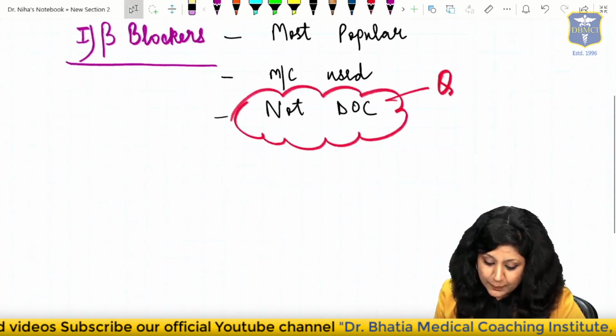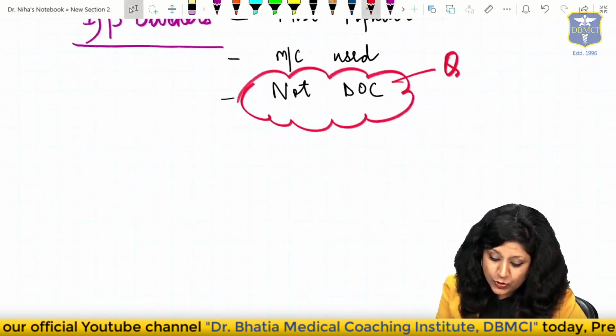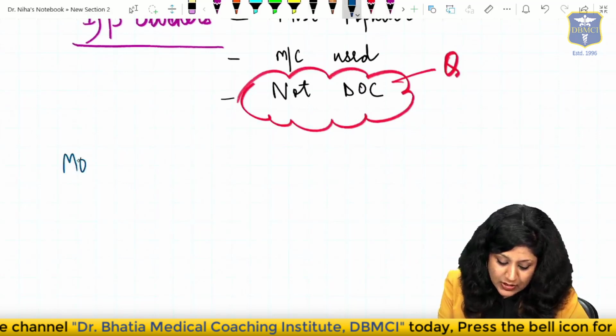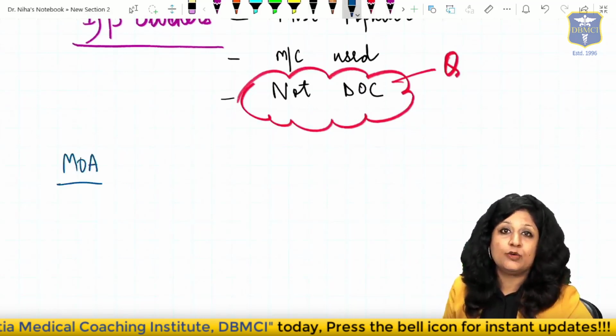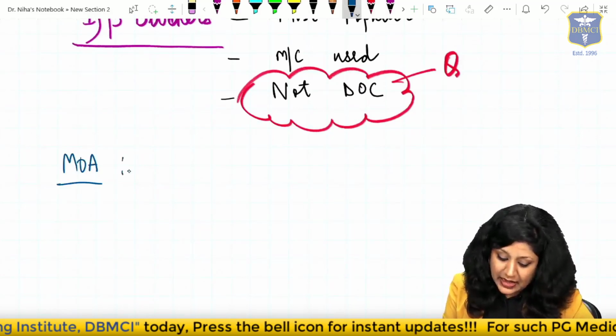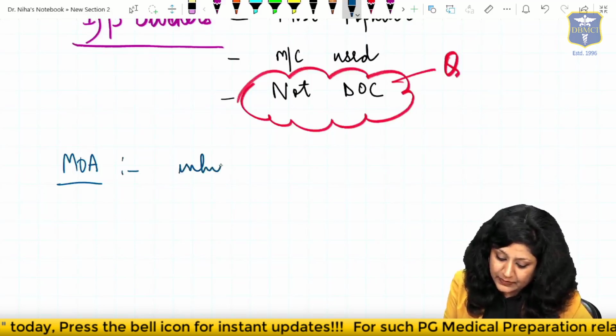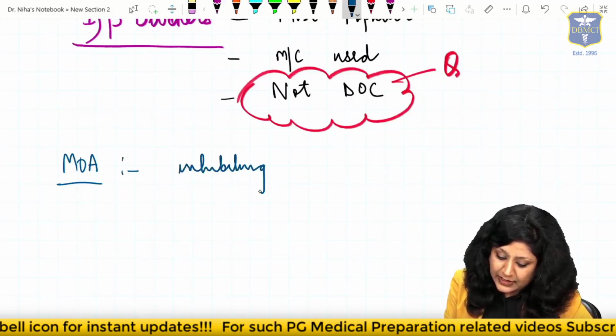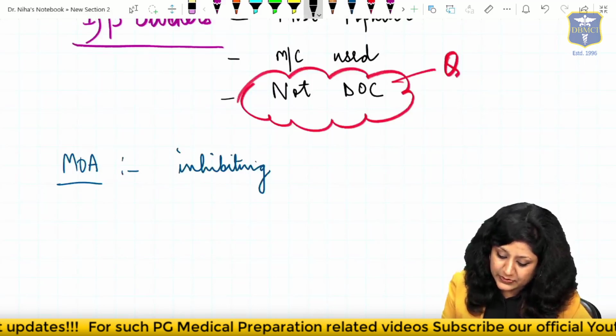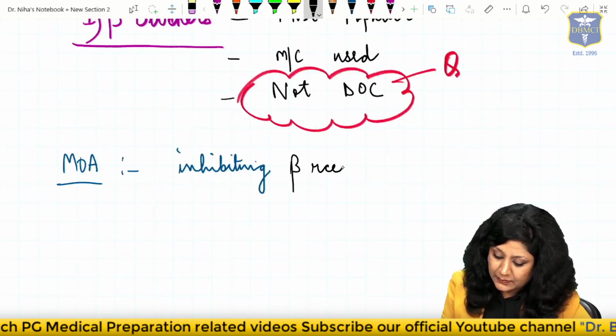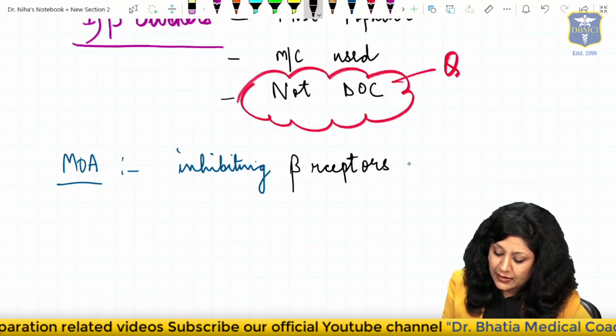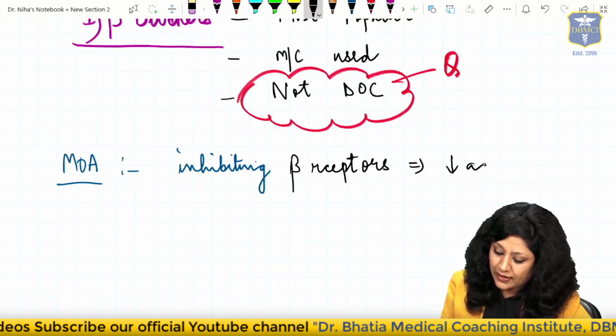Before going into the detail, we should know the mechanism of action. Beta blockers inhibit the beta receptors, and therefore they decrease aqueous formation.